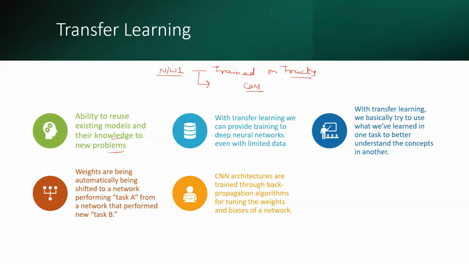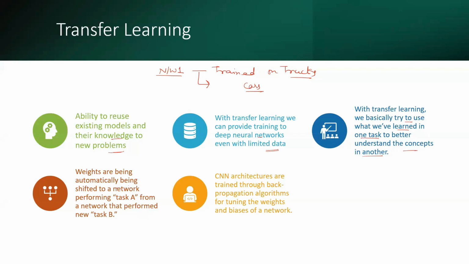And with transfer learning, we can provide training to the deep network with limited data, because already the network is trained. We have optimized parameters with us. So with very little data, you can utilize the trained network and provide training to your network. In transfer learning we try to use what we have learned for one task to apply to another task.